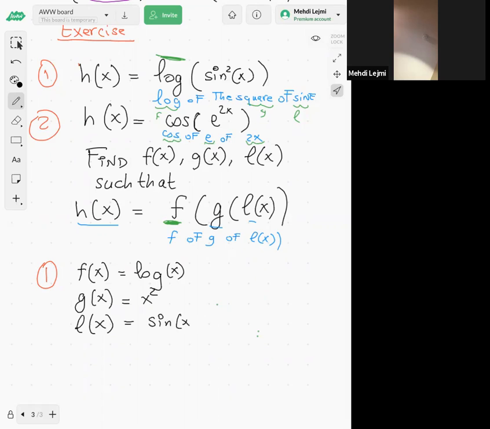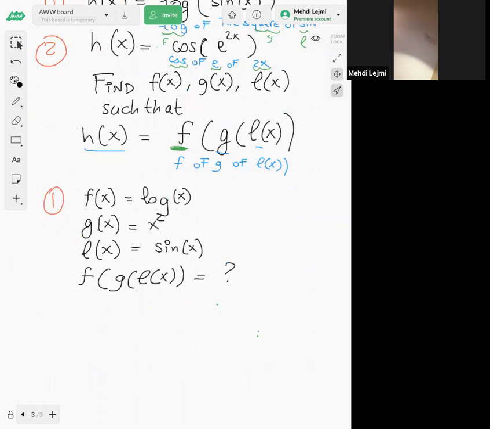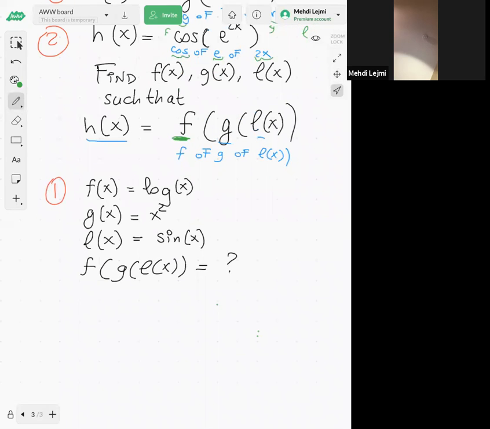So then you want to find f of g of L of x, right? How do we find such a thing? Well, it's by steps. First, step one, you need to find g of L of x. You know, g of x, we said it's x squared.